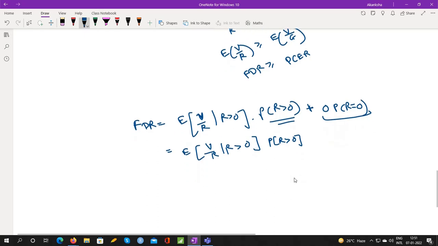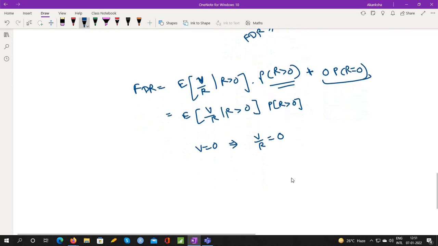And what I know is V equal to 0 would imply V by R equal to 0. If V is 0, V by R would also be 0. Of course, I am considering the case R not equal to 0 because I am worried about only this part.